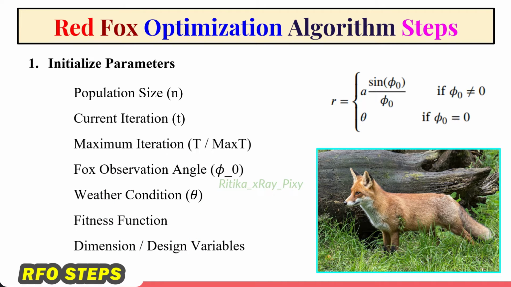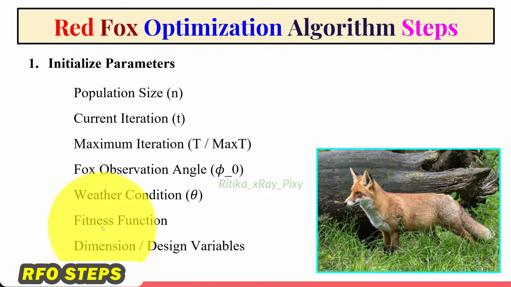This is also used in the mathematical model. So here we are using different mathematical models to simulate the red fox's behavior. So here define the parameters. Then you can define your objective function, according to your optimization problem. Then we have design variables, or you can say dimension.